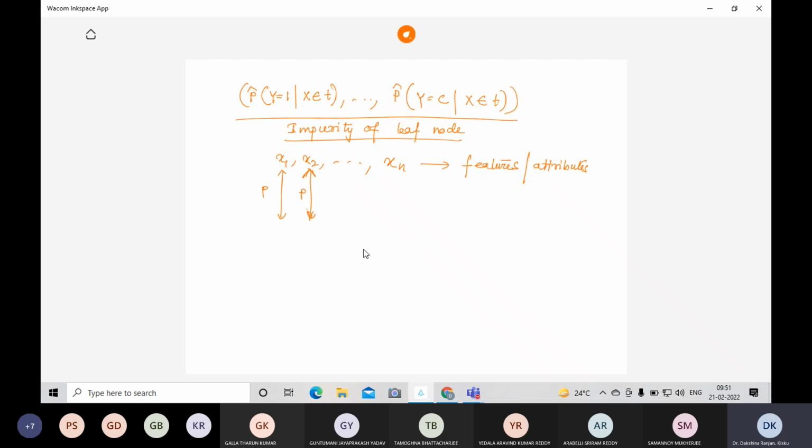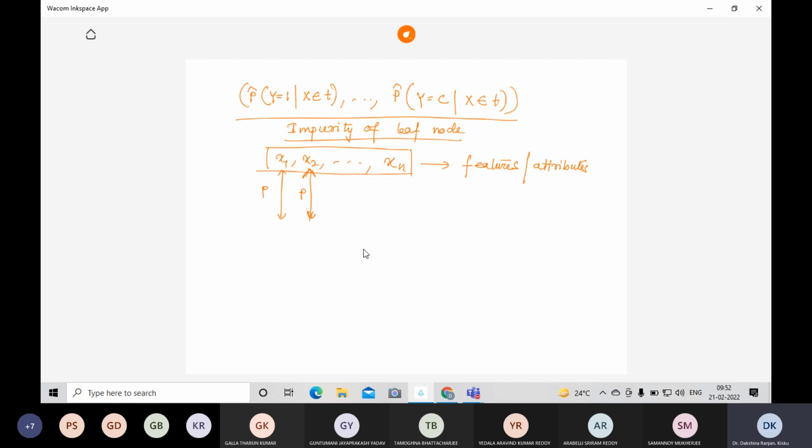Now, the first question that we try to understand is how to decide which feature should be located at the root node. Since we have n number of features, n number of attributes, when we construct a decision tree, a classification tree, from which point should we start?